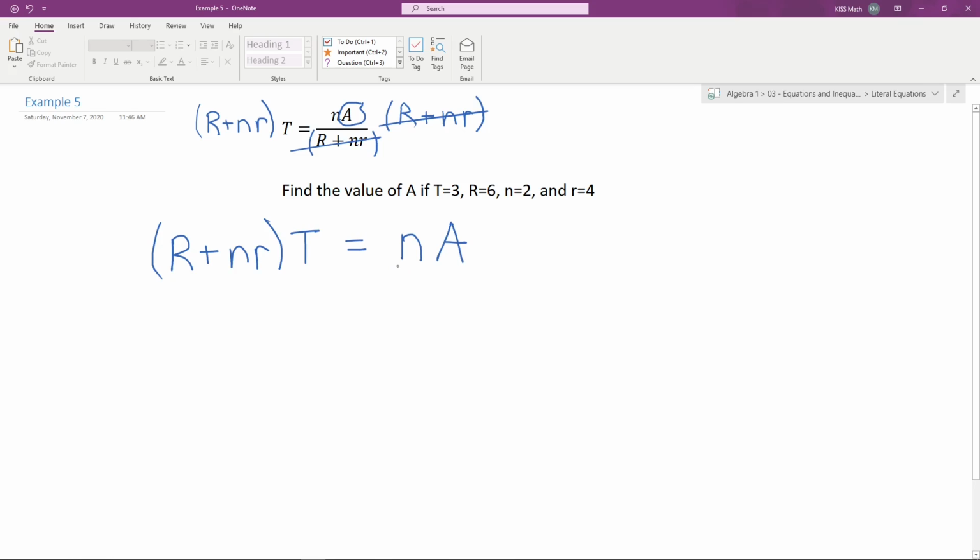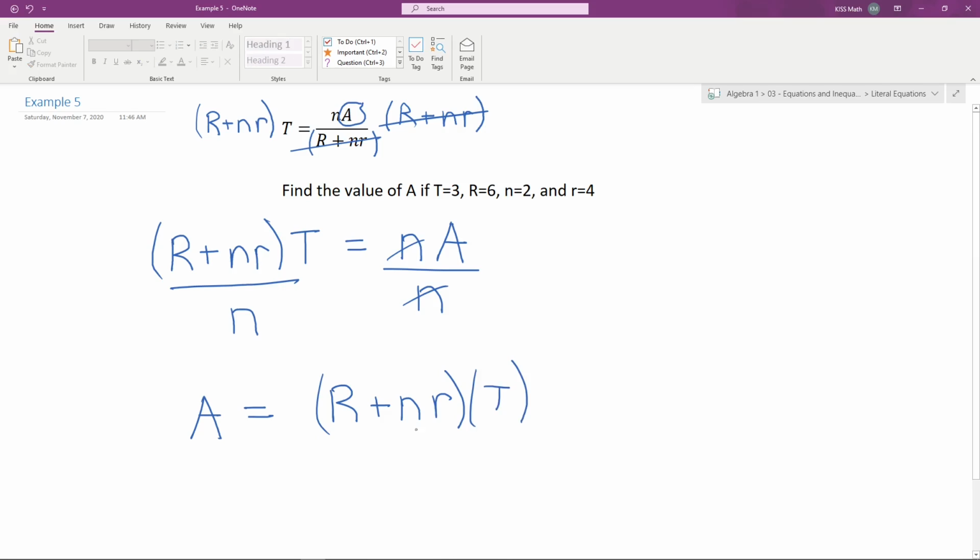And now we just have to divide off this n, like so. And so essentially you will have, I'm going to move the a to the left side, a equals R plus nr times capital T all over lowercase n.